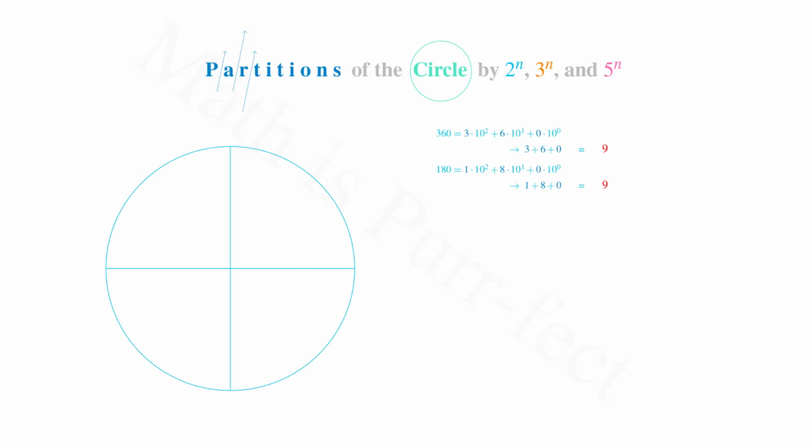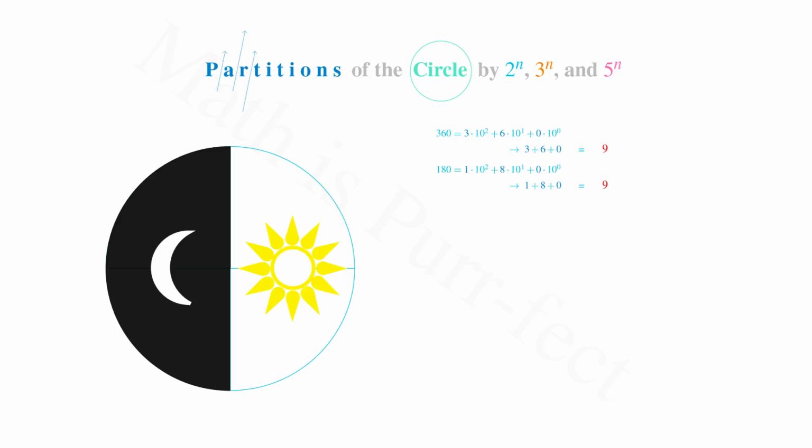Dividing the circle by 2 squared, or 4, represents a duality of darkness and light, night and day, and the 4 positions of the sun at dawn, midday, dusk, and midnight, giving us 90 degrees, which breaks down as 9 times 10 to the first, plus 0 times 10 to the 0th, whose Pythagorean reduction of 9 plus 0 is clearly 9.